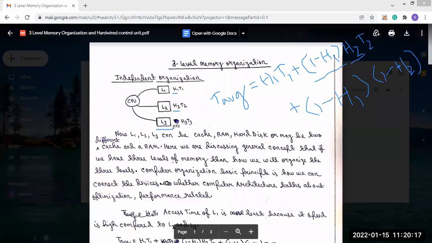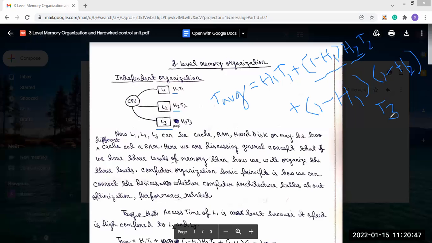We don't need to consider the H3 for this reason. So we will do 1 minus H1, 1 minus H2 and T3.